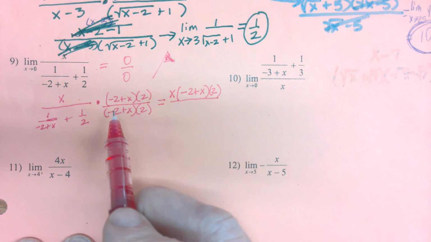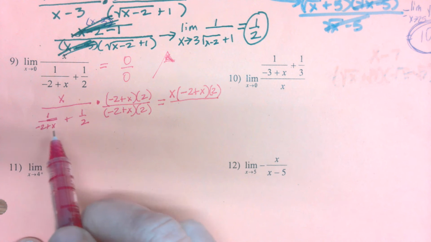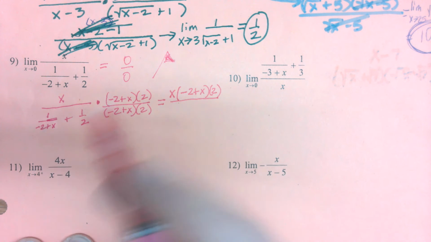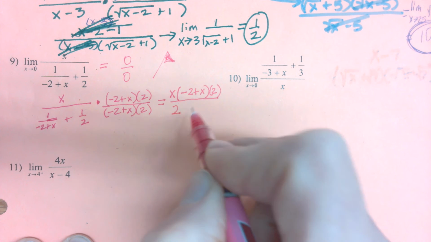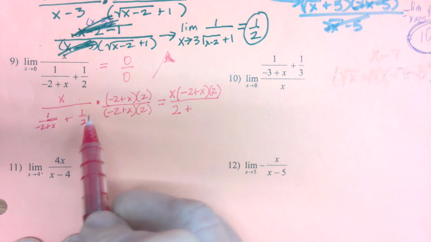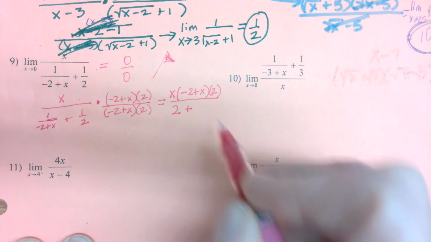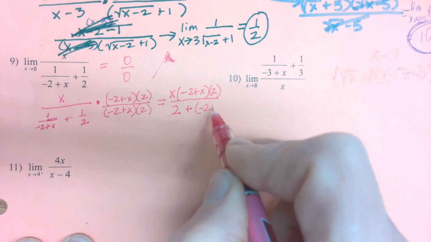But on the bottom, the first fraction, the negative 2 plus x will cancel out. That will leave me with 2 plus the second fraction, the 2 will cancel out, leaving me with the negative 2 plus x.